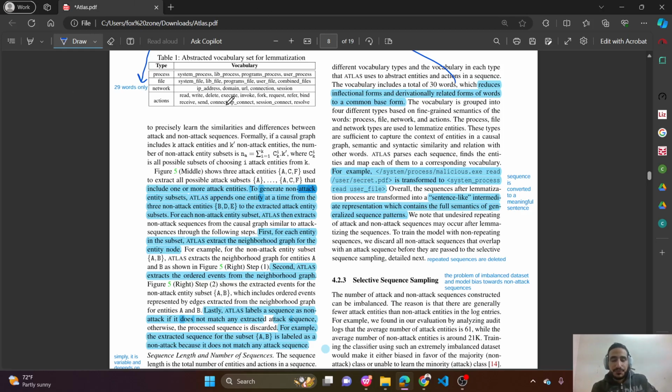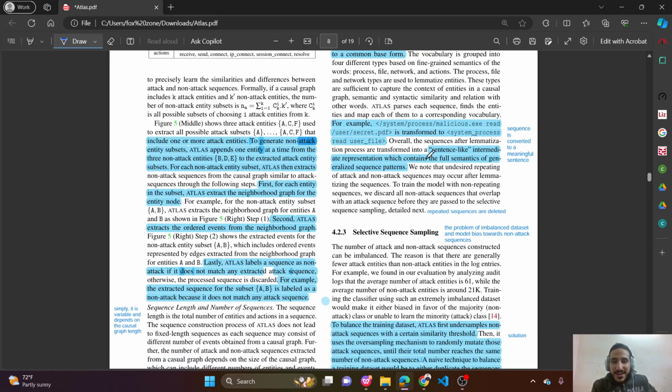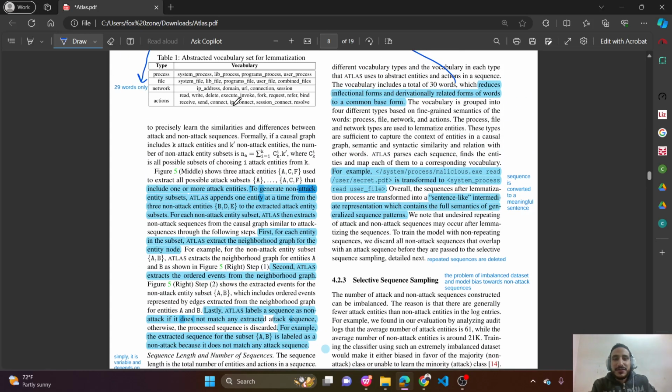As you know, English has tons of words, and let's assume that Atlas has 30 words. It is mentioned here that it only contains these 30 words, but actually I counted them by myself and there are only 28 to 29 words. I don't know which word is missing. Maybe the authors could tell, but this is the vocabulary.